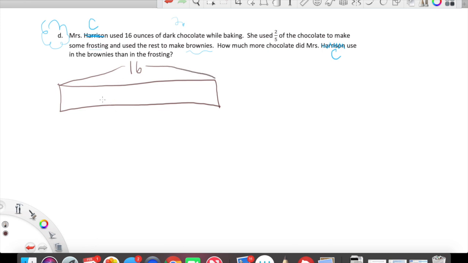I'm going to chop our 16 ounces into 5 equal pieces because you can see the denominator here is 5. So here we go. 1, 2, 3, 4, 5. Great. And then let's go ahead and label what we know. I use 2/5 of the chocolate for frosting.